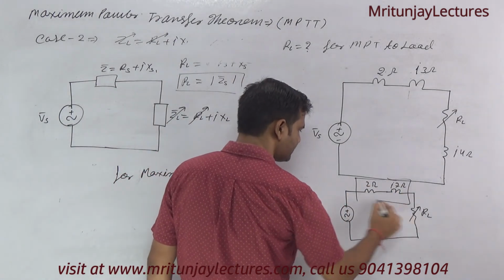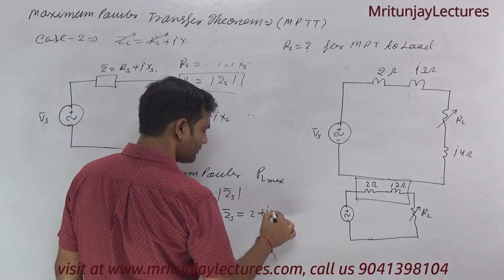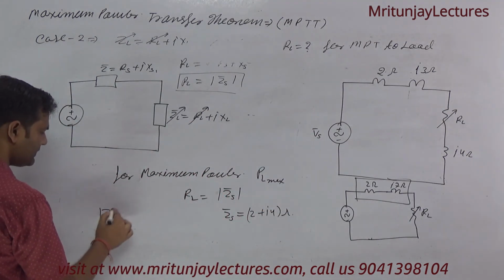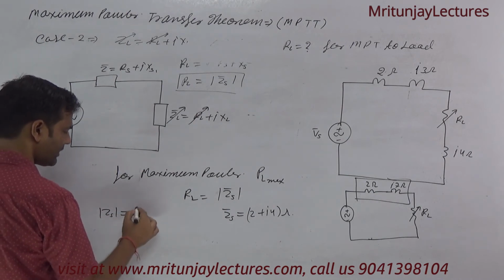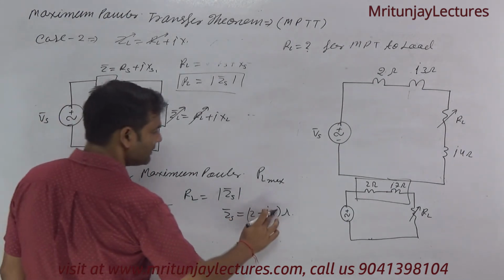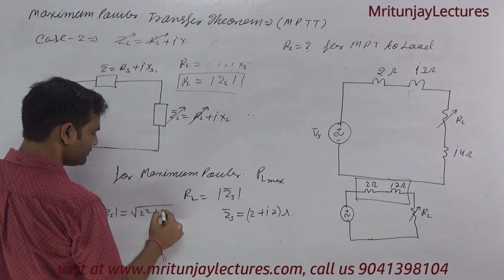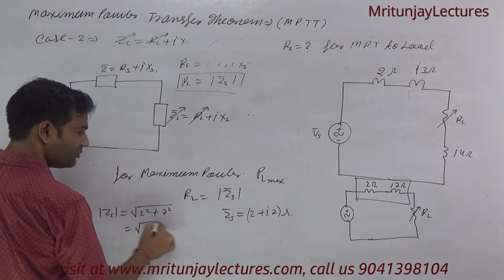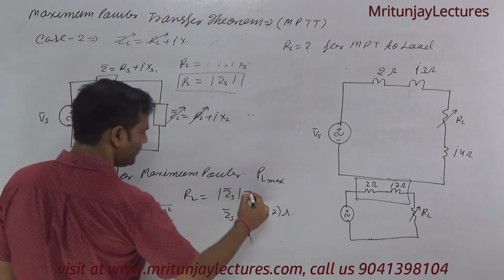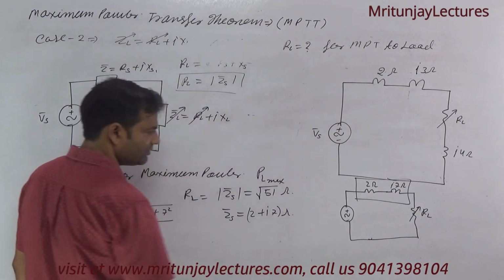This one is ZS. So ZS is written as 2 plus J7 ohm. So mod ZS is written as under root of 2 squared plus 7 squared, that is under root of 53... the final answer RL is under root 51 ohm. This is the final answer.